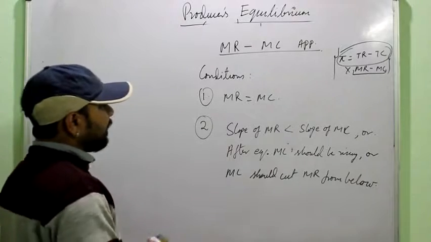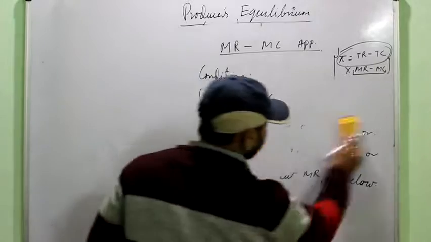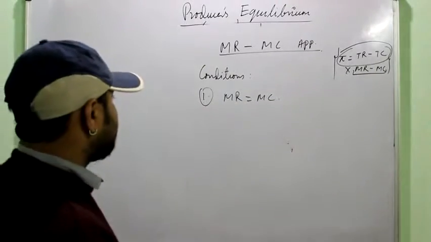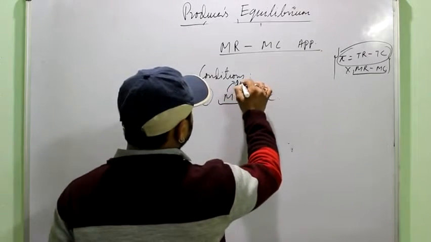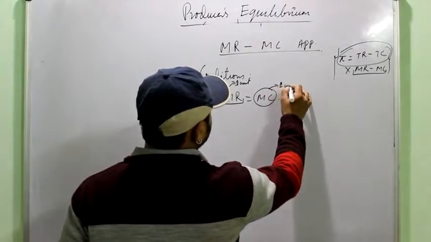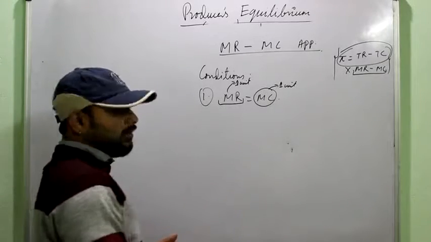All mean the same. First we will talk about the first condition, that is MR is equal to MC. Just to remind you, MR is the revenue which you get from 1 unit and MC is the cost which you incur on 1 unit, right? Now suppose we first talk about it numerically.